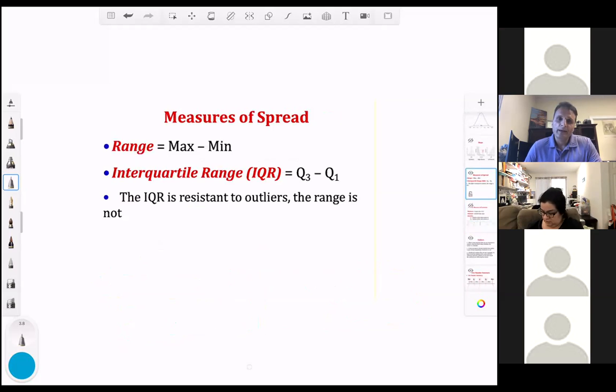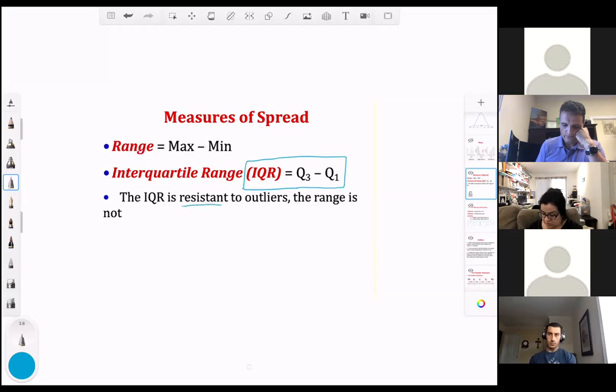Then we talk about the range. The range is the maximum minus the minimum. The interquartile range, IQR, is Q3 minus Q1. The IQR is resistant to outliers. The word resistant is kind of confusing.